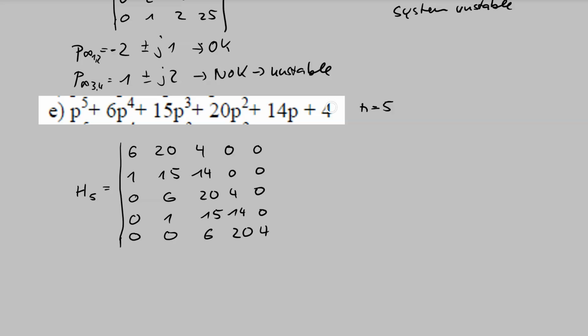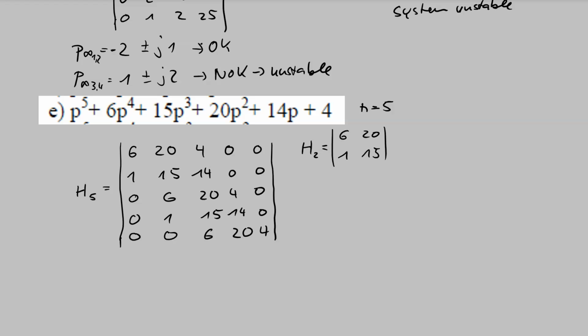This is 4. And again, you see here we have the C0 element in the bottom right place. Again, I want to start with the simplest, the top left subdeterminant, which is 6, 20, 1, 15.